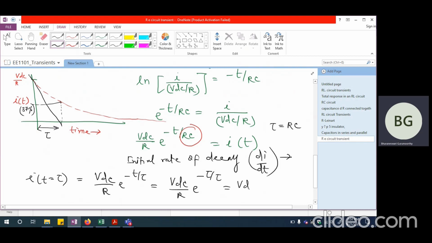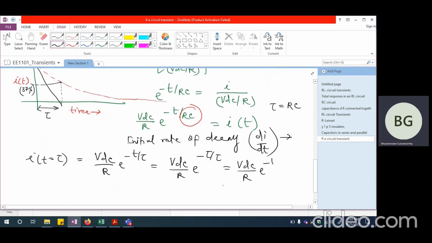So this is going to be VDC divided by R into e power minus 1, and this happens to be 37% of VDC by R. So the time constant in an RC circuit is given by the product of R and C. And within that time duration, the current is going to reach 37% of its original or initial value. So this is going to be the trajectory of current.